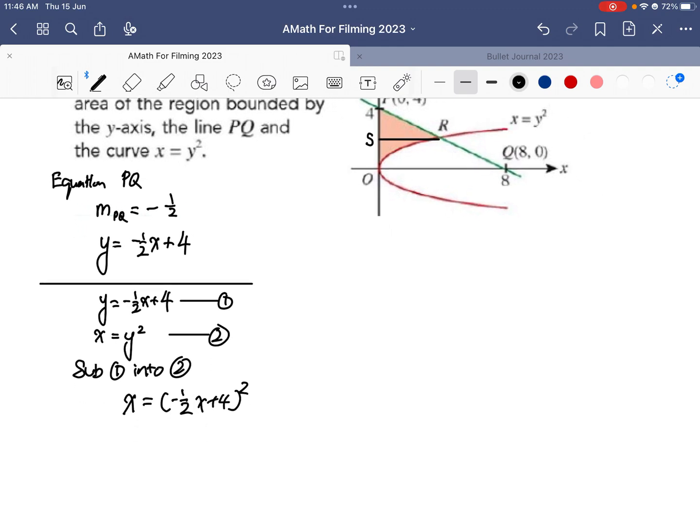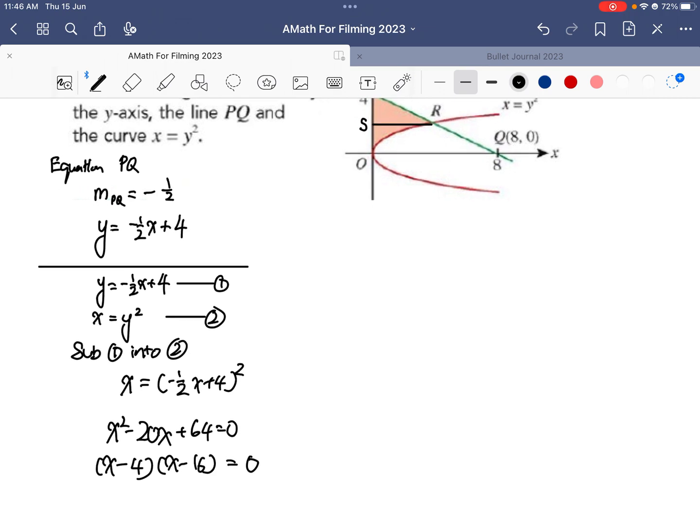What I get is this, and then if you expand and simplify, what you eventually get is x squared minus 20x plus 64 equals 0. You solve, you get (x minus 4)(x minus 16) equals 0. So x equals 4 or x equals 16.